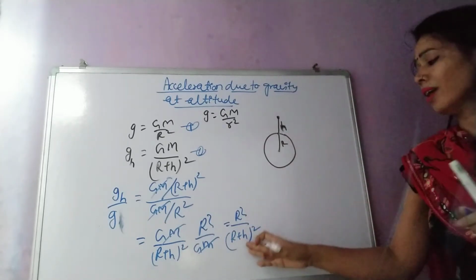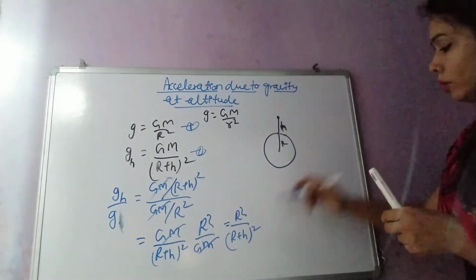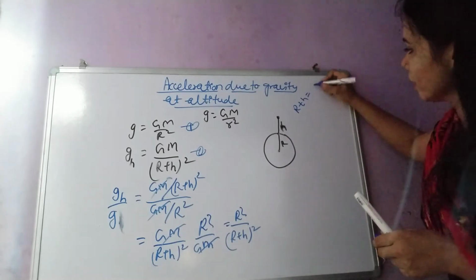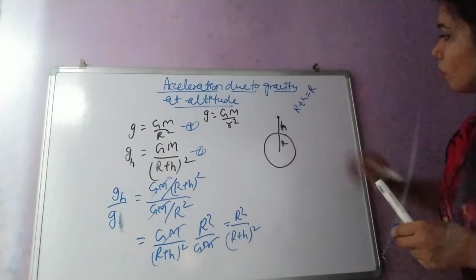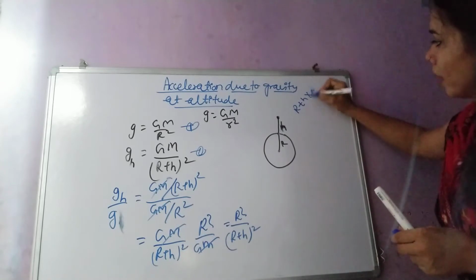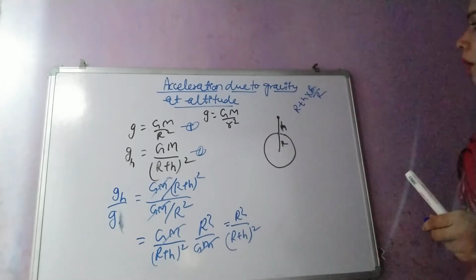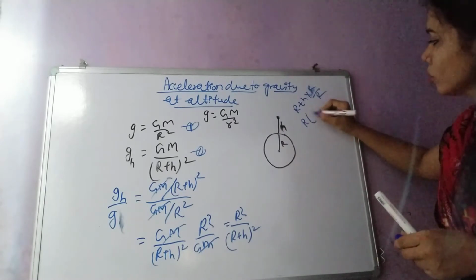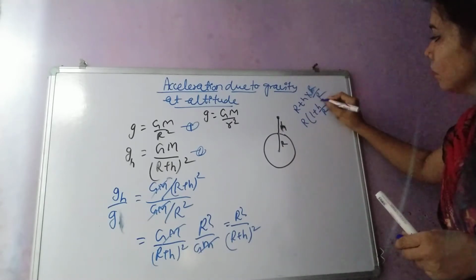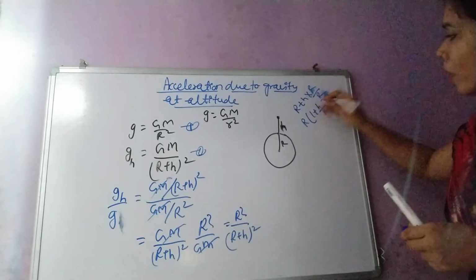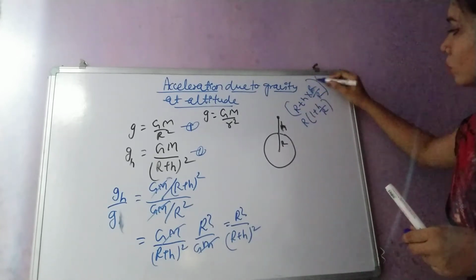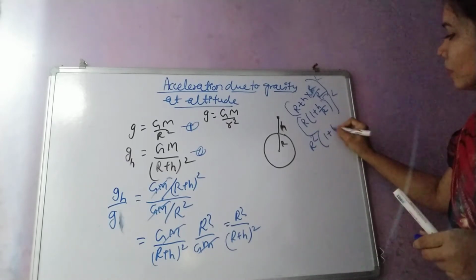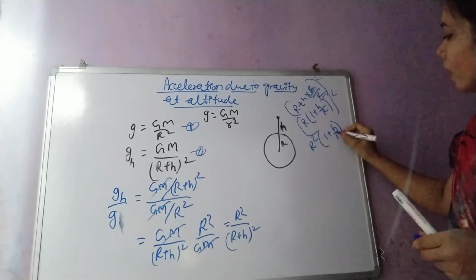Now you can take R as common. I will tell you how. Suppose I am writing here R plus h. Can I multiply here R upon R? Now I will take R as common, so R times 1 plus h upon R will be left. If you take the whole square of it, then it will be R square times 1 plus h upon R whole square.